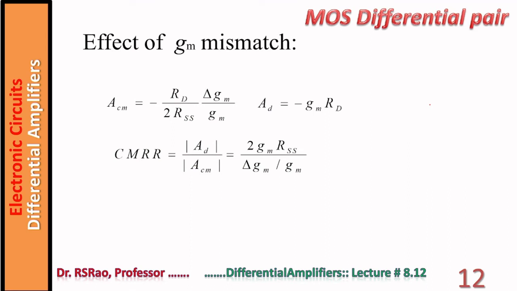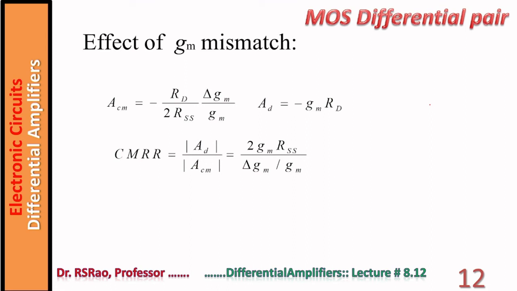Now we consider the impact of non-identical transistors in the circuit. When transistors are not the same, not identical, then their GM values differ.